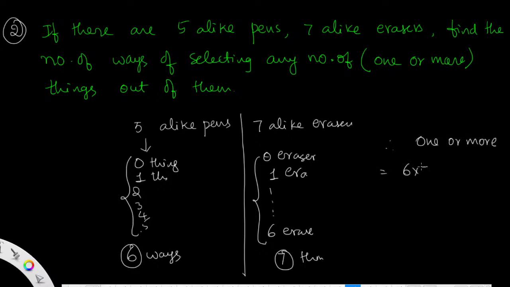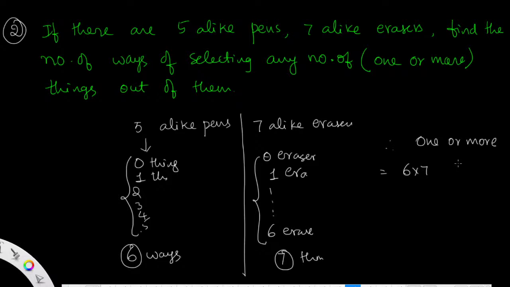That is 6 into 7, (P plus 1) into (Q plus 1) into minus 1.